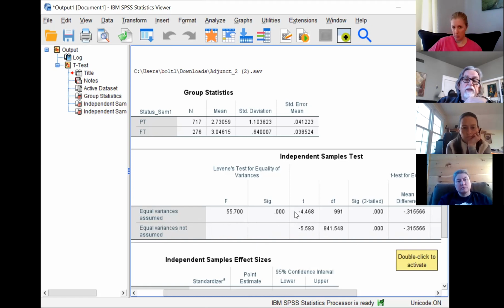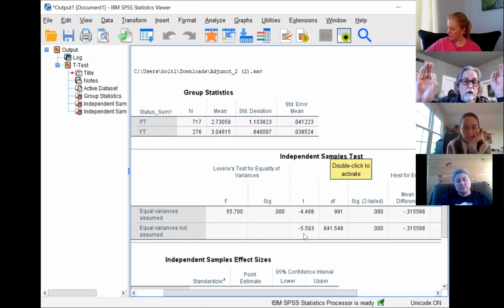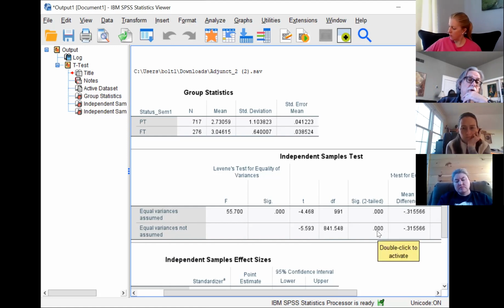And we see that the t-value is negative 5.593. It doesn't matter whether the sign is negative or positive. And the significance level is 0.000. So it is a significant difference between part-time and full-time for their first semester GPA.